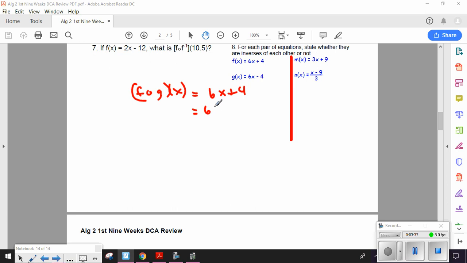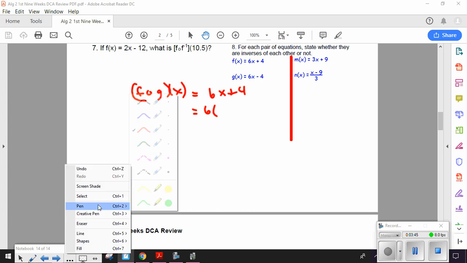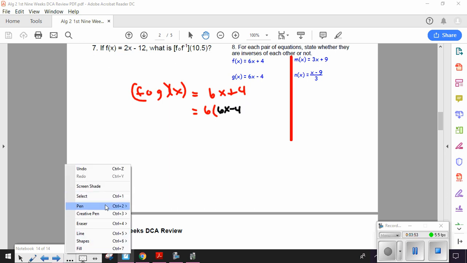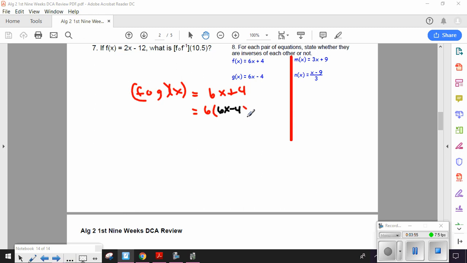Now let's get our parentheses ready to substitute in the gum function, which is g. So that's 6x minus 4. Bring down my plus 4 from my candy outer shell.